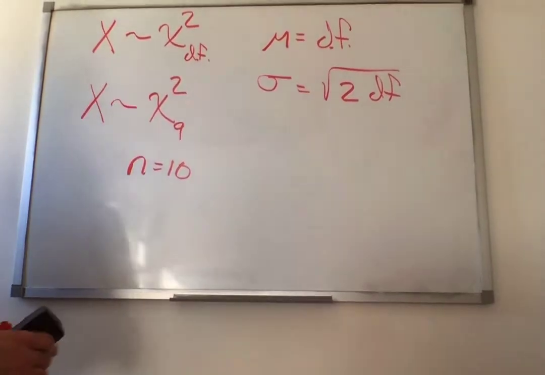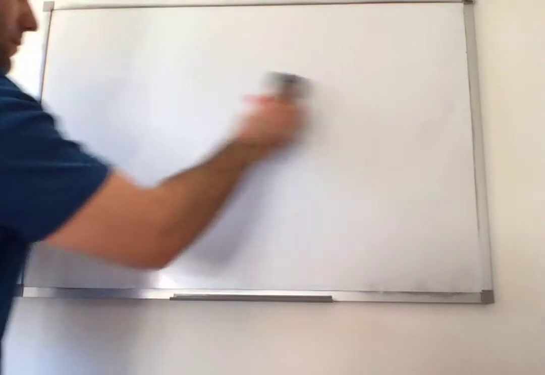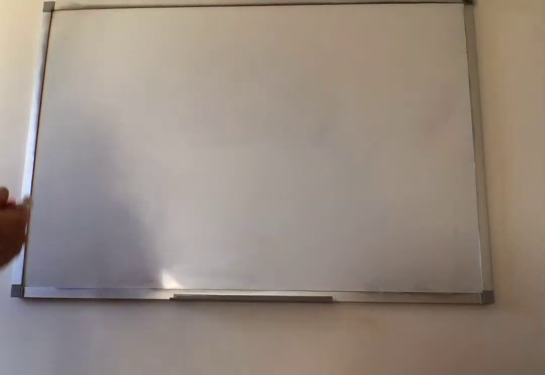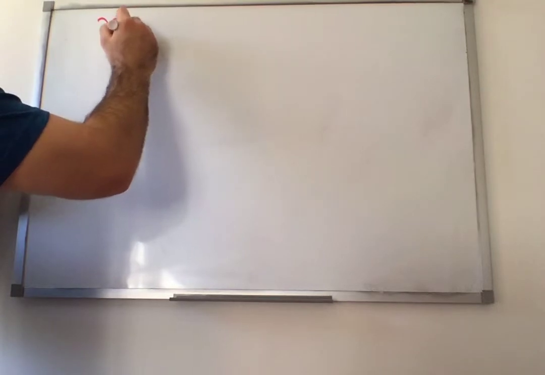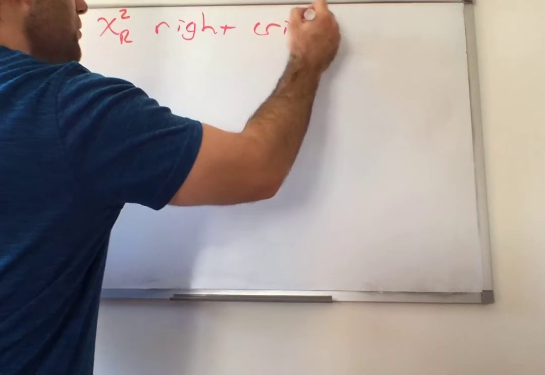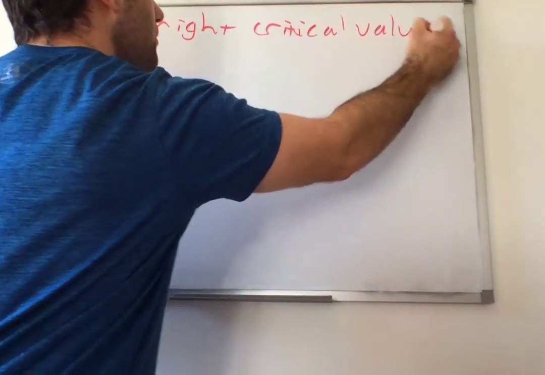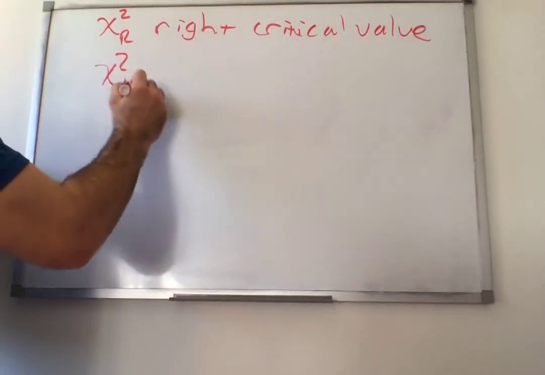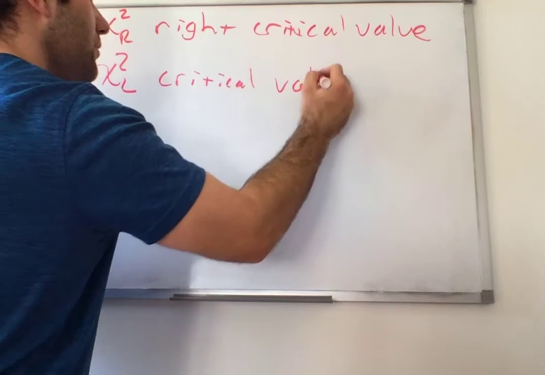So what we're going to find are called the chi-squared right critical value and the chi-squared left critical value.